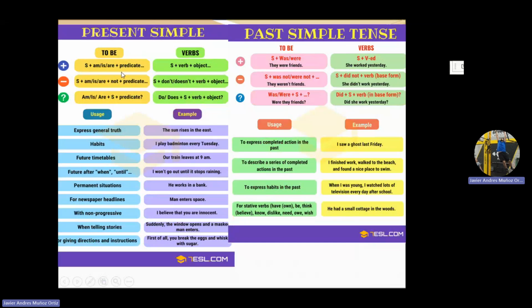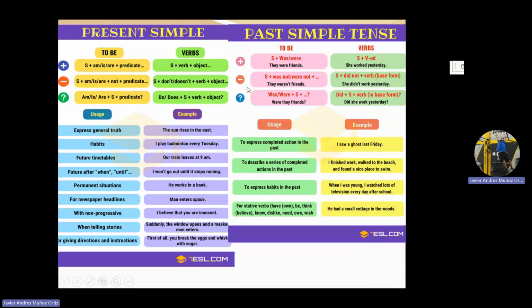In simple present tense, the verb to be is modified as am, is, and are. However, in simple past tense, the verb to be is conjugated as was or were. That's it.